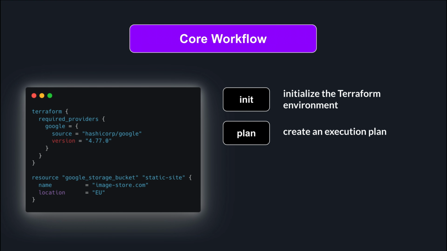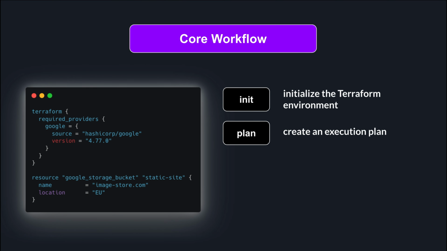Terraform compares the current state of your infrastructure, if any, to the desired state defined in your configuration. It then generates a plan detailing the changes that will be made to reach the desired state. Once you have reviewed and are satisfied with the plan, you apply the changes using the terraform apply command.